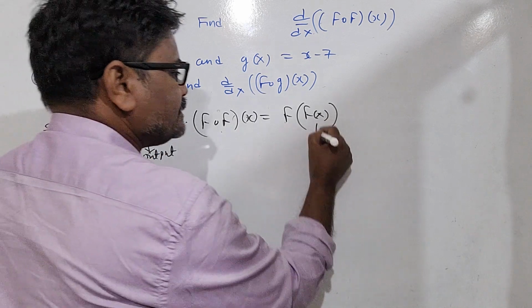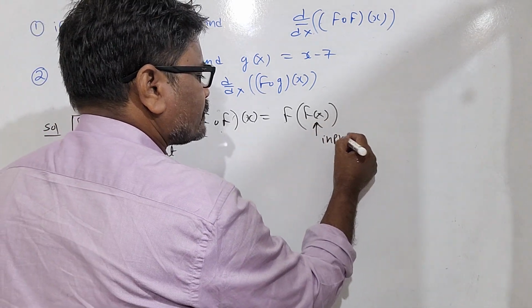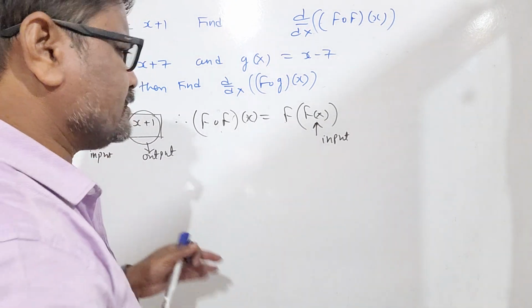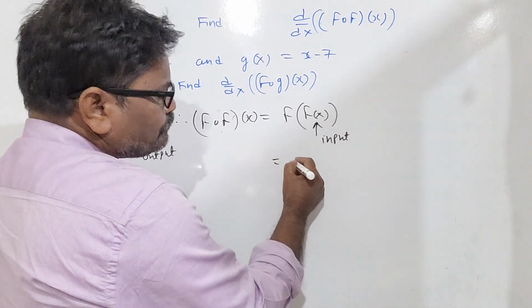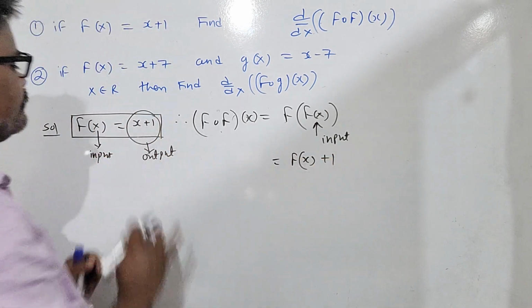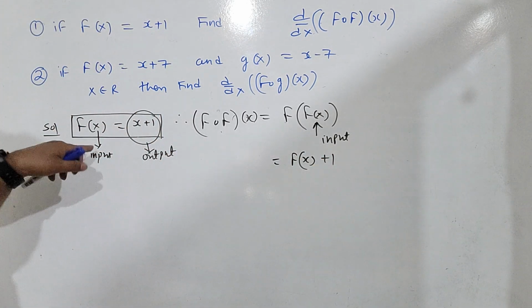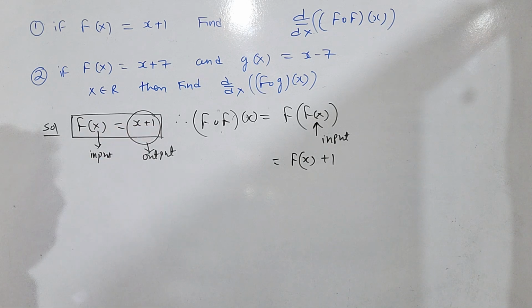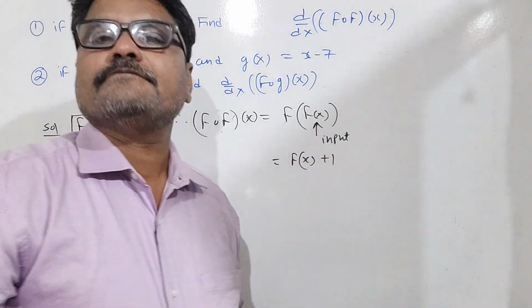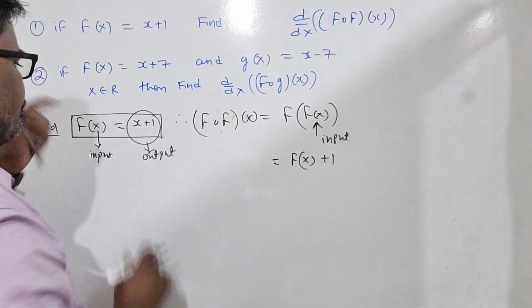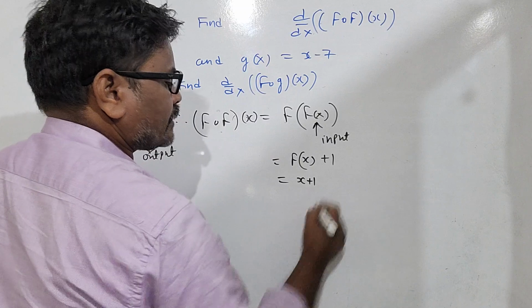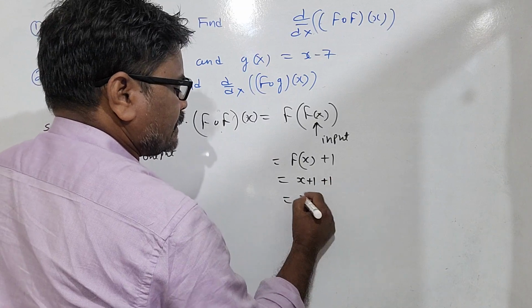So here f of x is going inside the machine as the input. A function behaves as a machine. So the output will be f of x plus 1. This is the rule: x is input, then output is x plus 1. Therefore when f of x is input, the output will be f of x plus 1. And what is f of x? That is x plus 1, and then plus 1, that is x plus 2.